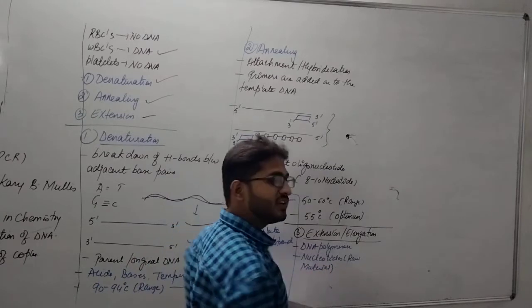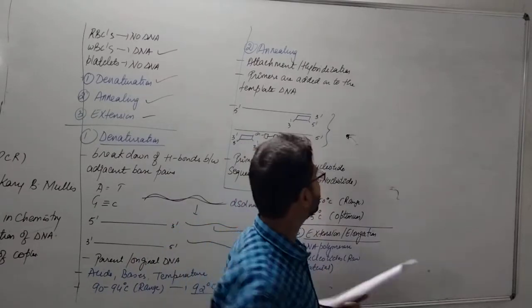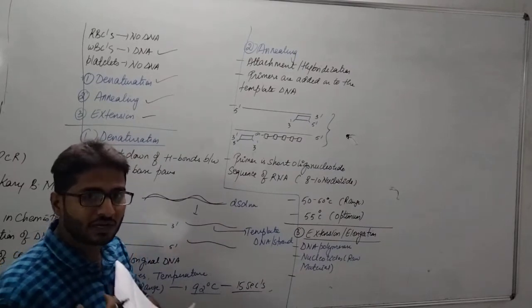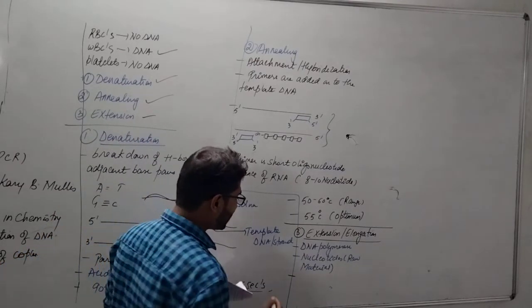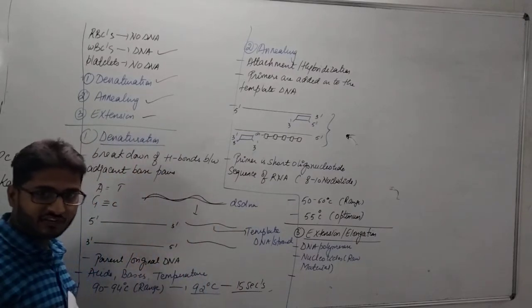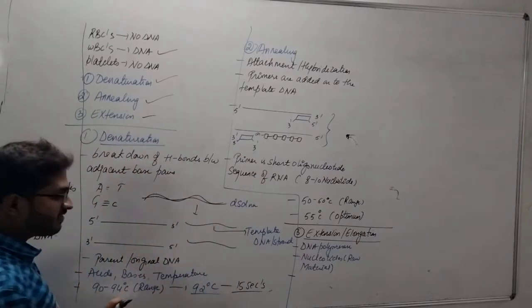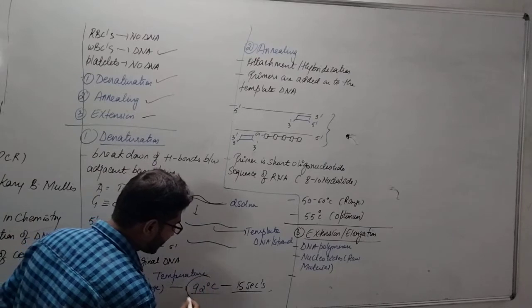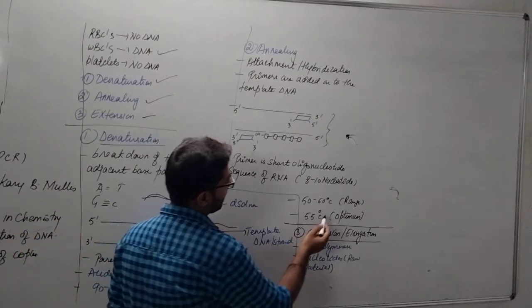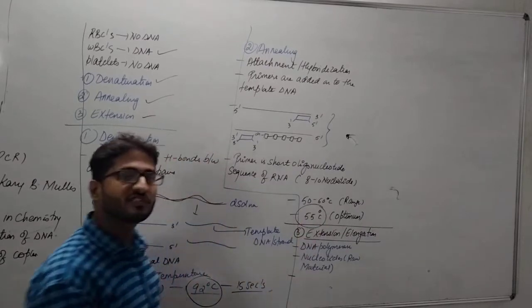Now talking about this DNA polymerase. The DNA polymerase that is functional within the human eukaryotic cell is activated at 37 degrees Celsius only. But here, are we using 37 degrees Celsius? No. The first step, that is denaturation, takes place at 92 degrees Celsius, right? Annealing takes place at about 55 or 56 degrees Celsius.